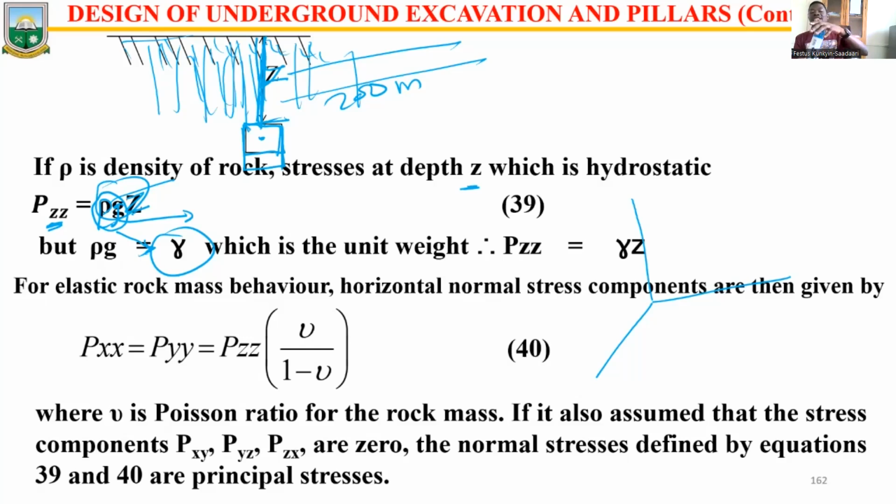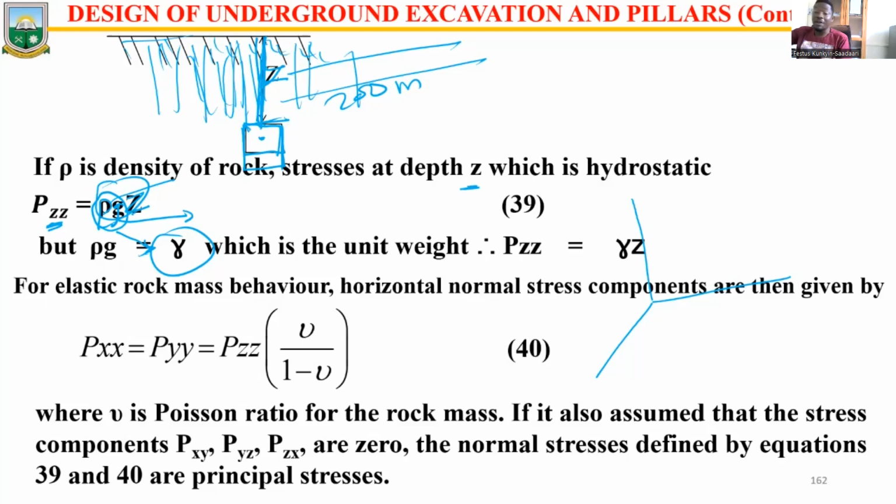And if I exert a force axially, it will have a corresponding effect that will show along it, which is radially, okay? And so with that, it means if I am calculating the vertical stresses, then I should also remember that there will be a horizontal stress that will be acting on the pillar as I consider the vertical stress.